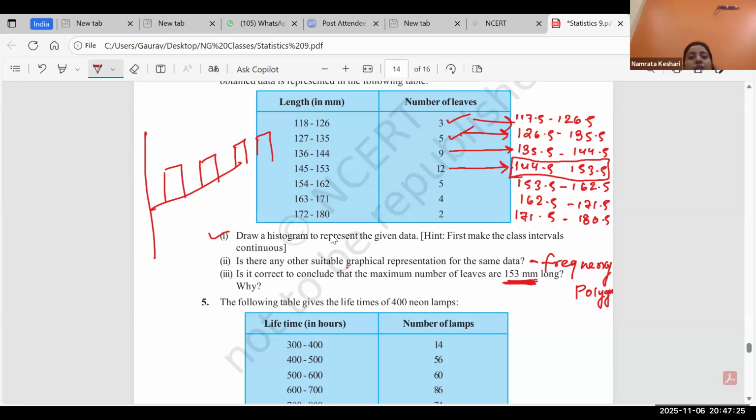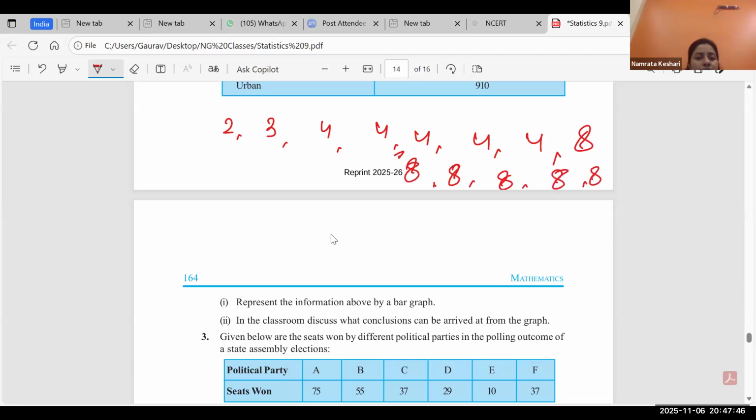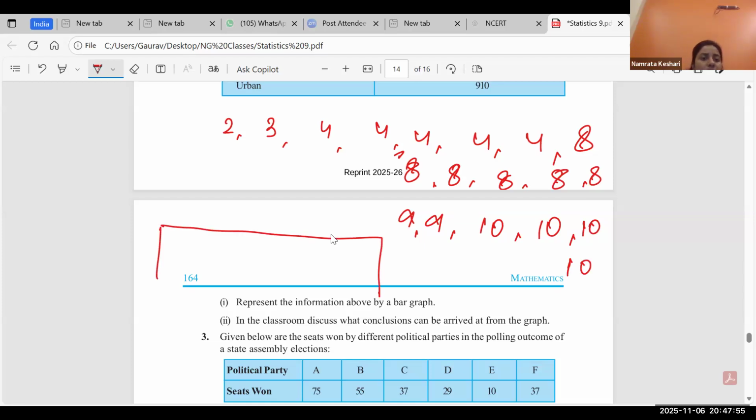So if we are making group data, suppose I have the marks of the students out of 10, and the marks look like this: 2 marks, 3 marks, 4 marks, 4, 4, 4, 4, 8 marks. If I make the frequency table with this data, it will look like this.